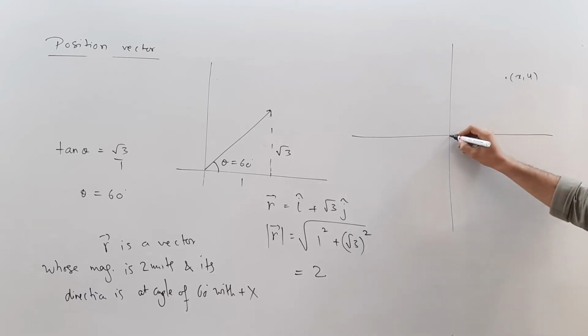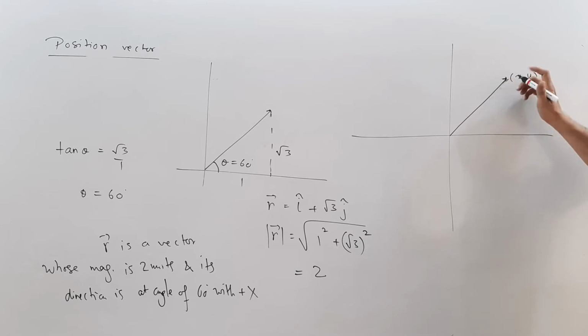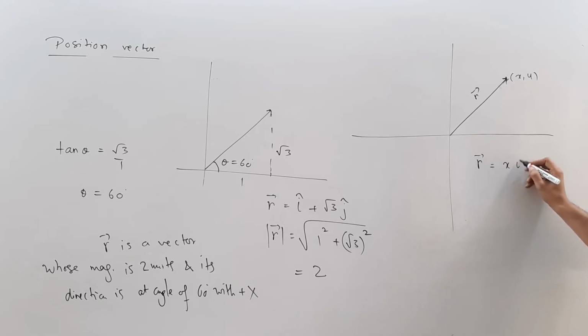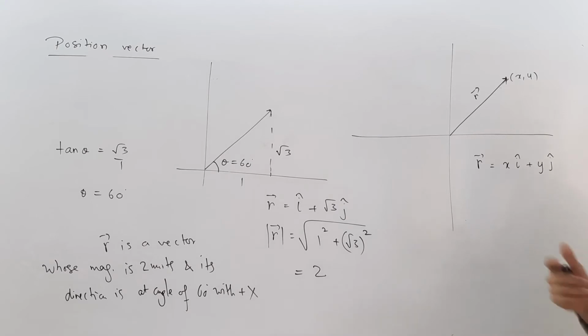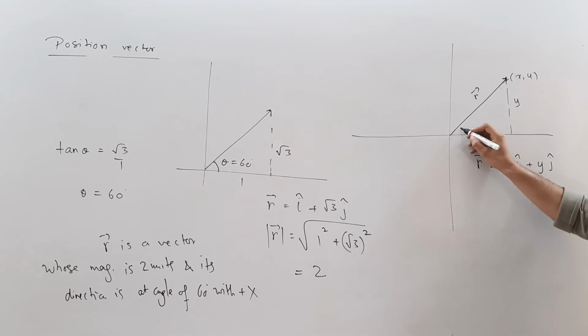Now I will write any vector as r bar. This r bar I can write as x i cap plus y j cap. Why this? Because the person or the object is now covering x units here and then y units on top. Let's say this angle is theta.